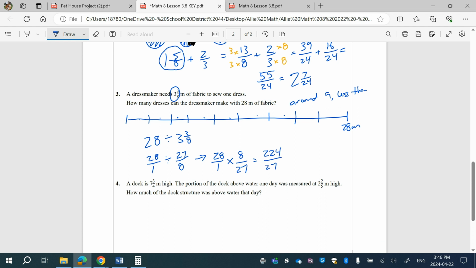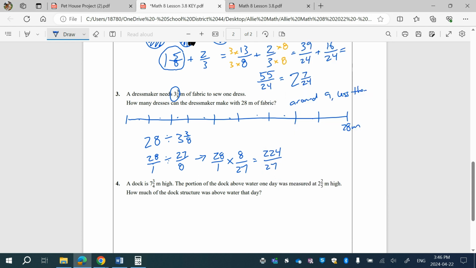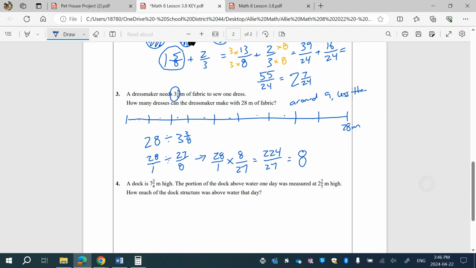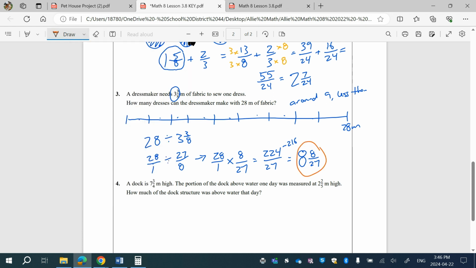Now to convert this to a mixed number, let's go 224 divided by 27, and we get 8 is our big number. And okay, so now let's go 27 times 8, we get 216. And subtracting 216 is going to give us our top part, our numerator. That seems to be 8 over 27. Okay, so around 9, I think that is not a bad estimate of mine, but less than, so I think that's fair.